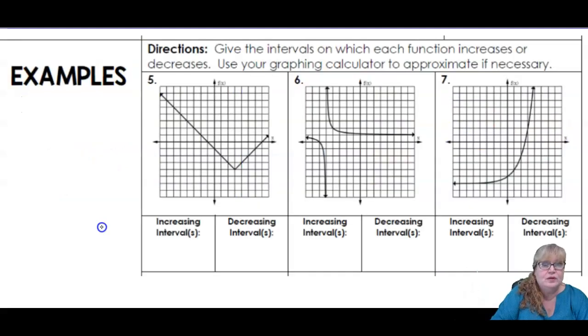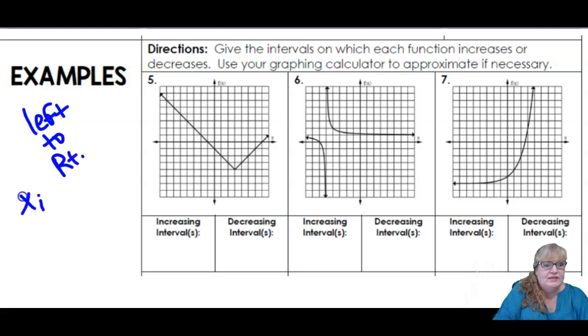All right, a few more examples. Remember, the important thing is you are reading left to right, and you're using X intervals to describe the behavior of what the graph is doing. So this graph, as I go left to right, is going down. So it is decreasing, coming from the far left, which would be -infinity, until I get to an X value of 3.